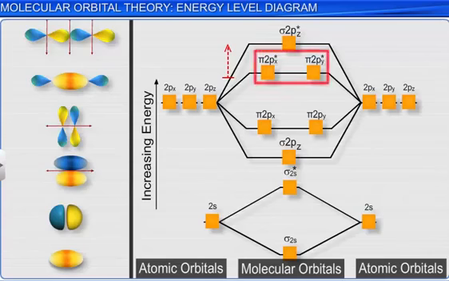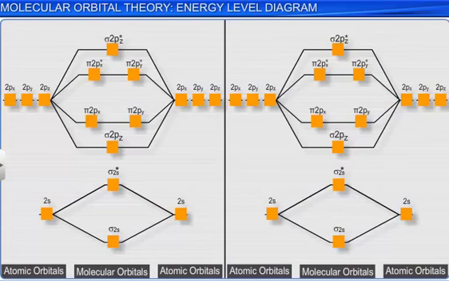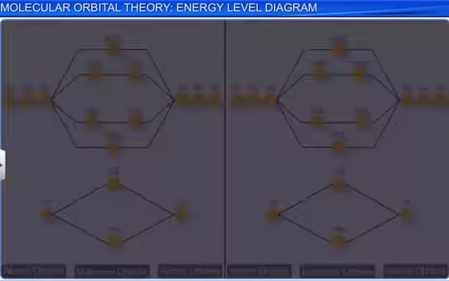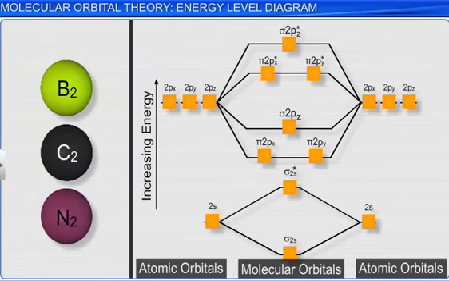This sequence of molecular orbitals is accurate for molecules such as oxygen and fluorine, but for other elements such as boron, carbon and nitrogen, the molecular orbital energy sequence is slightly different. This is because of the interaction between the electrons of the 2s atomic orbitals of one atom with the electrons of the 2pz atomic orbitals of another atom due to their relatively similar energy levels.